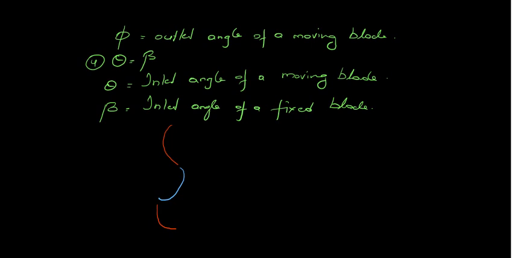Now the outlet angle of a moving blade, this is the moving blade and this is the fixed blade, right? Again this is a moving blade. What is the condition we have here?